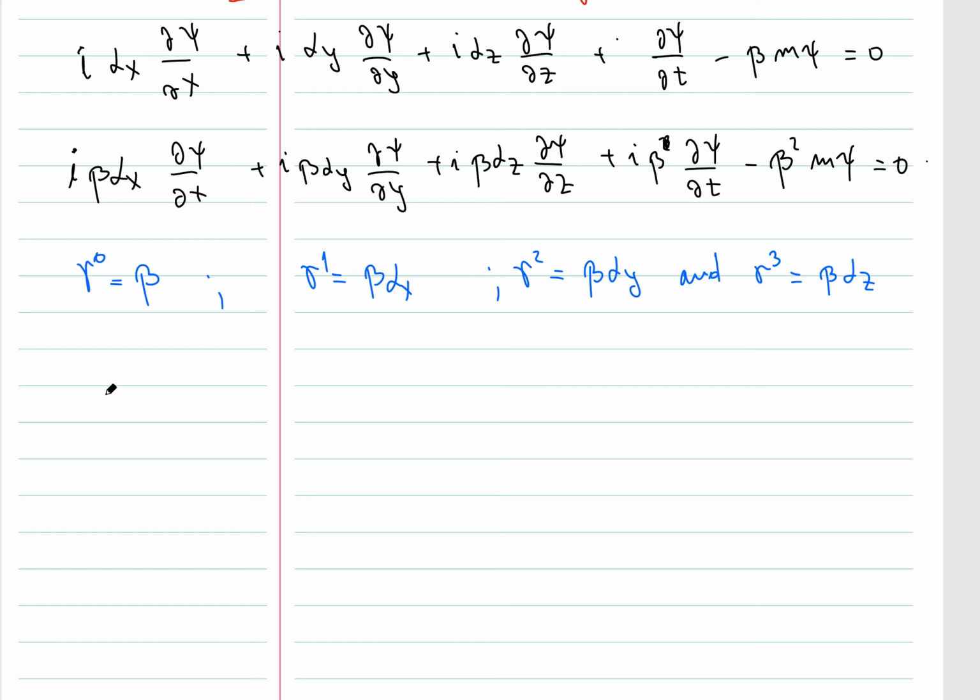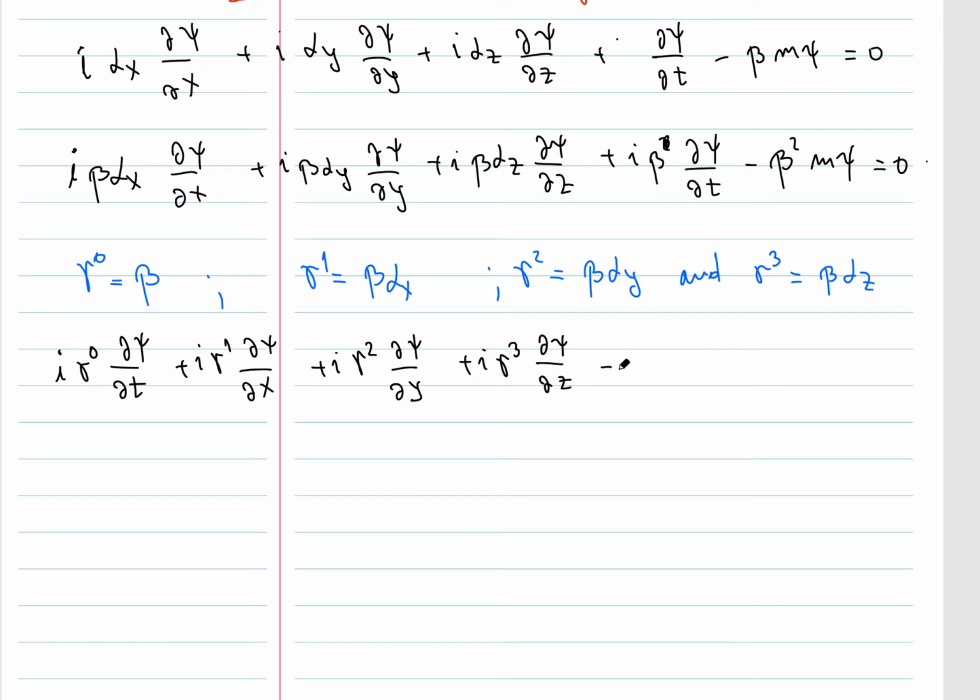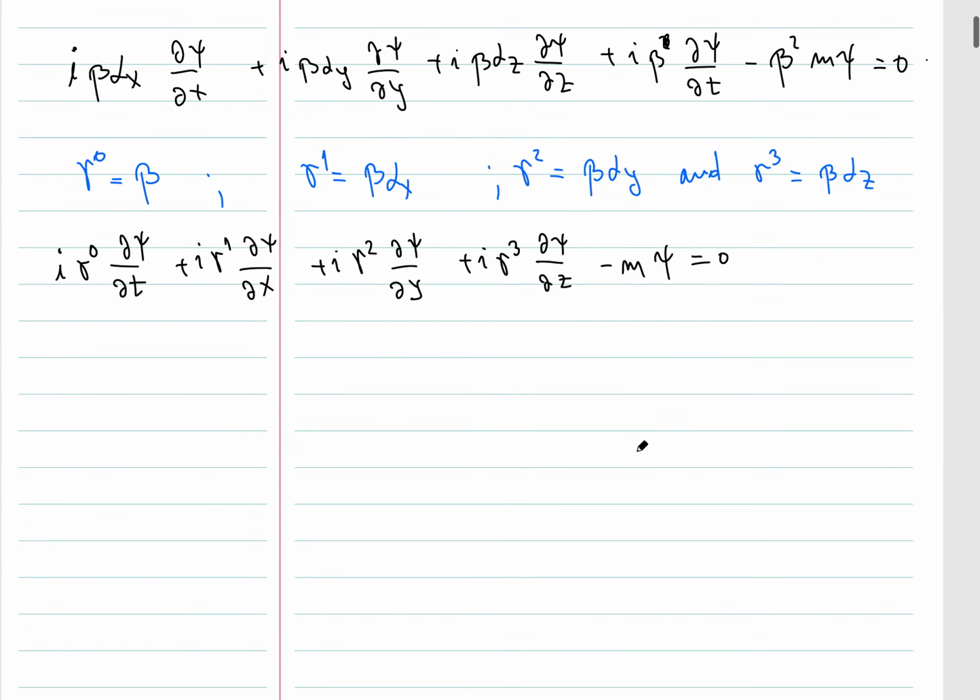Now we can write the Dirac equation as i gamma 0 partial of psi partial of t plus i gamma 1 partial of psi partial of x plus i gamma 2 partial of psi partial of y plus i gamma 3 partial of psi partial of z minus m c equals 0, because beta squared is 1, the identity.